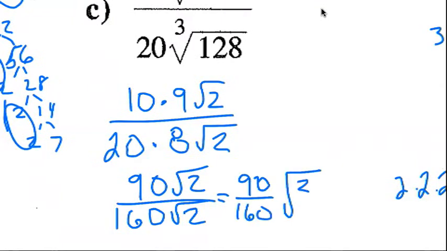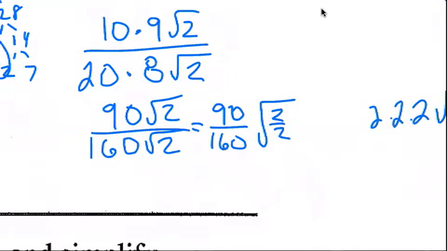Square root 2 over square root 2. Well, that is 1. So this is equal to, well, I'm going to take off a 10 here. So divide by 10, 9 over 16. Square root 1, but the square root of 1 is just 1. So this is just 9 over 16.